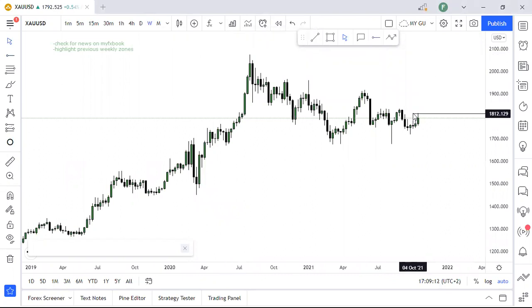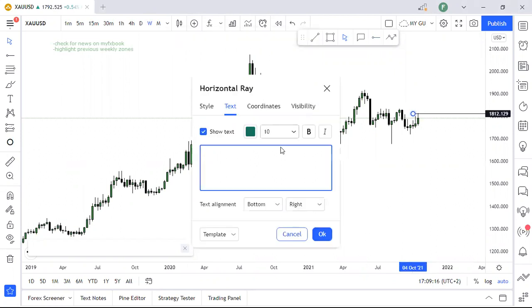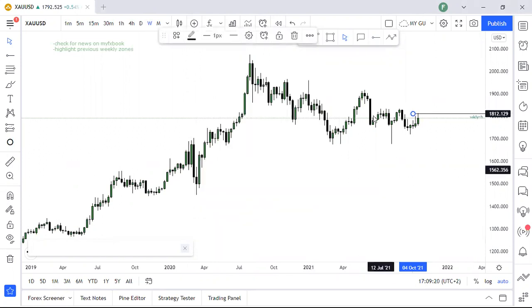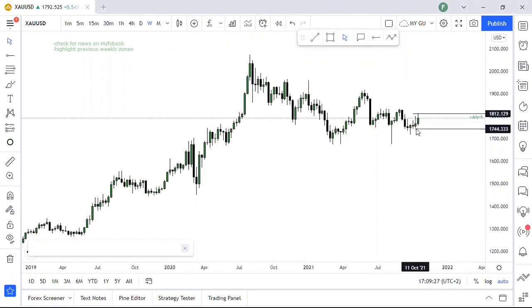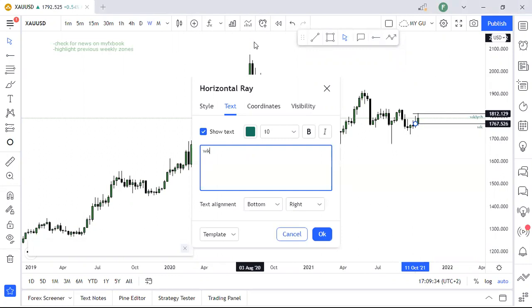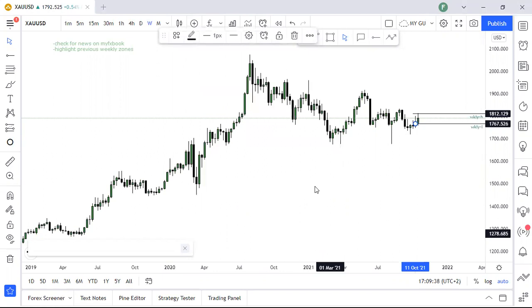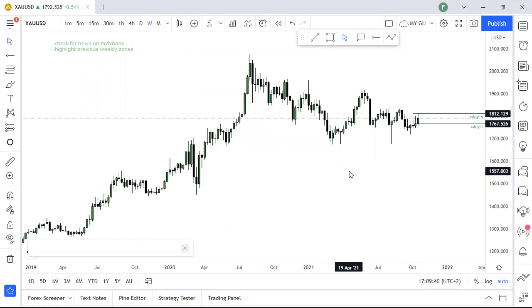So we have a high, so weekly high, and then we're going to highlight our low, weekly low. So looking at the weekly candle, we start narrating, we start telling our story.